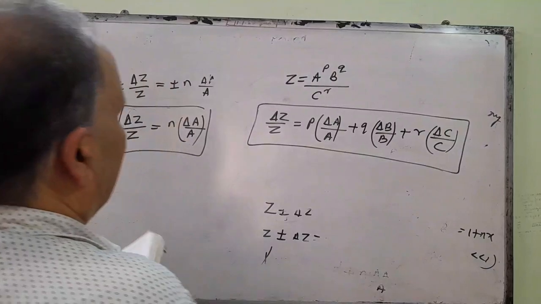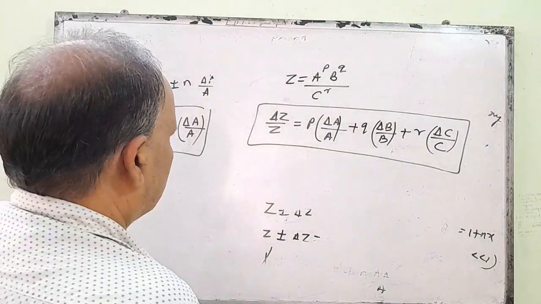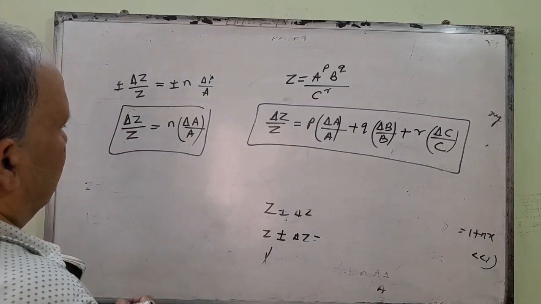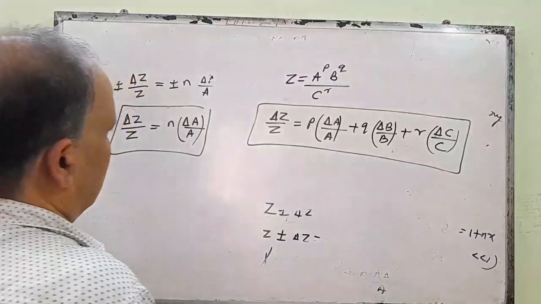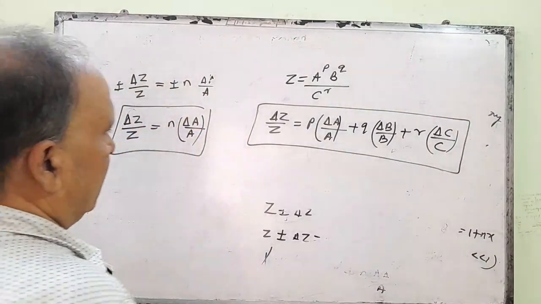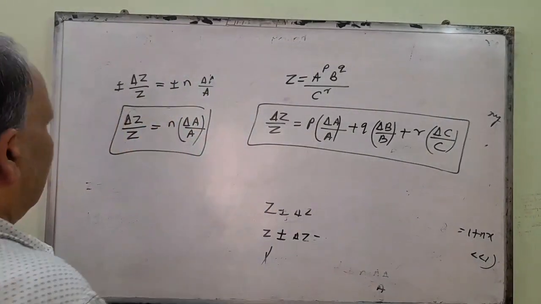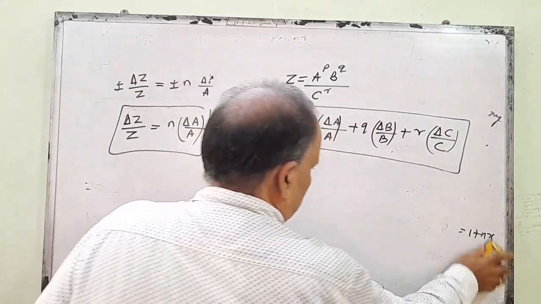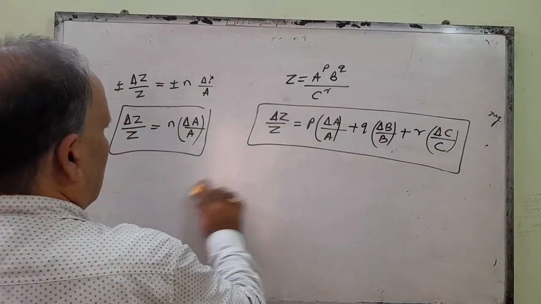This is the error analysis, and we find the formula of different cases: errors of sum, errors of difference, errors of product, errors of division, and here this is the errors of power. These are the formulas.